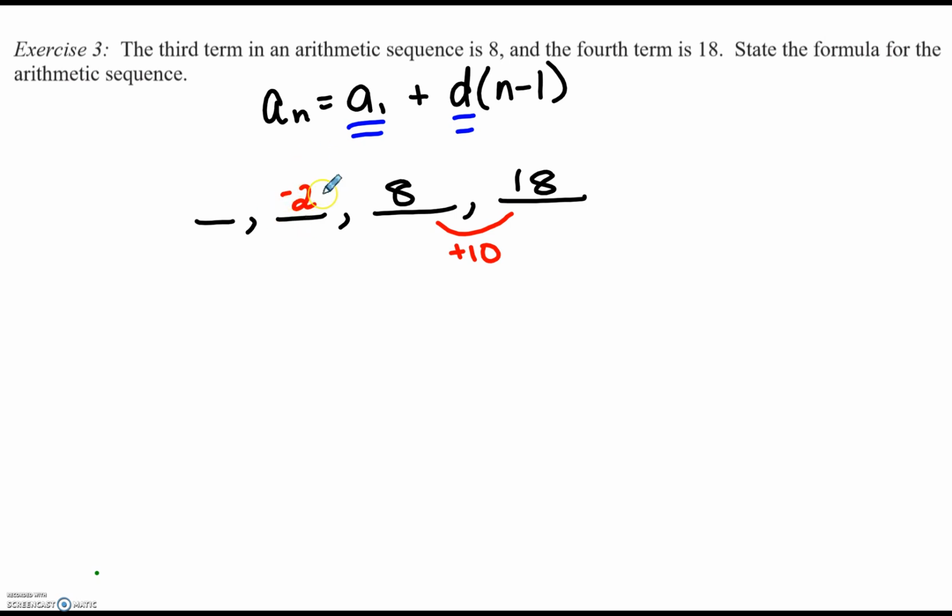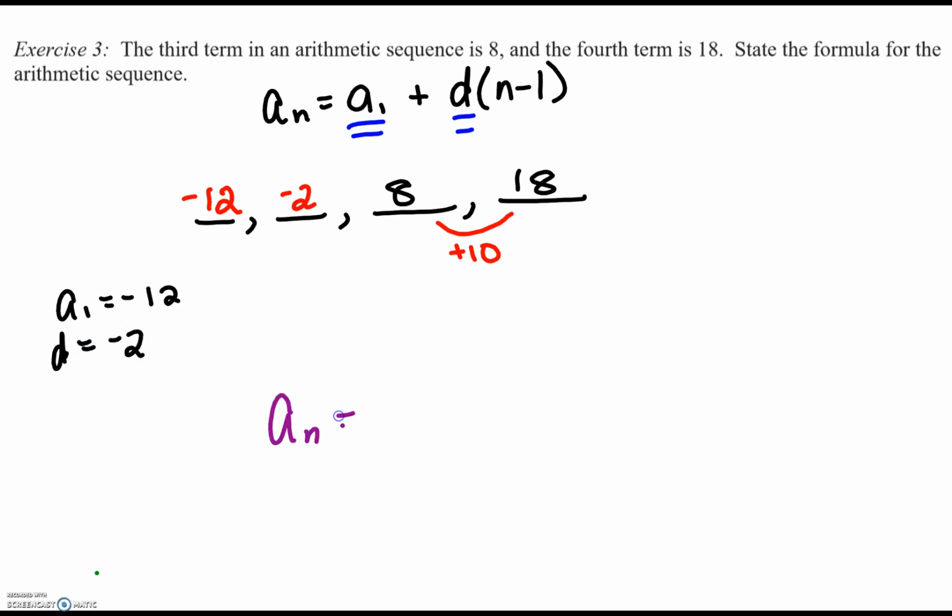And to check it, if I take -2 and I add 10 to it, I will get my 8. Now I'm going to work backwards again. And I have to subtract 10 from that -2 to get -12. And again, I could check -12 plus 10 gets me my -2. So now that I have my first term and my common difference, I'm just going to substitute right into my formula.